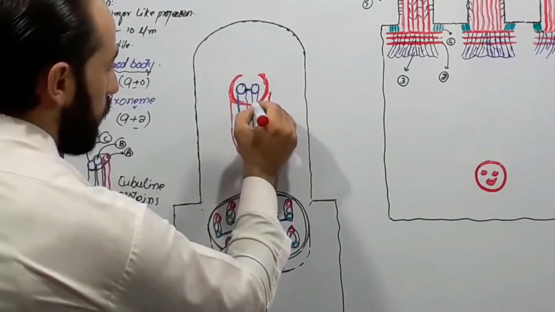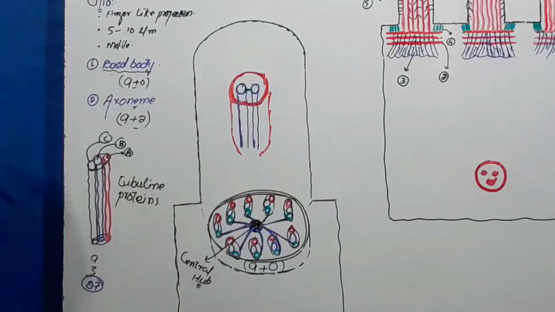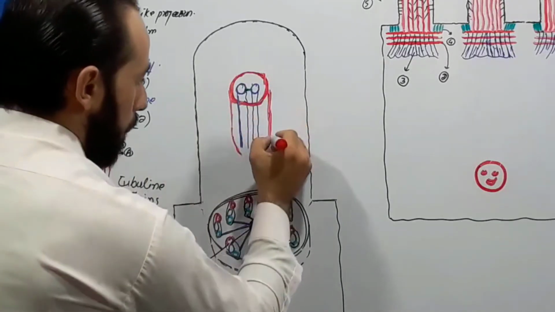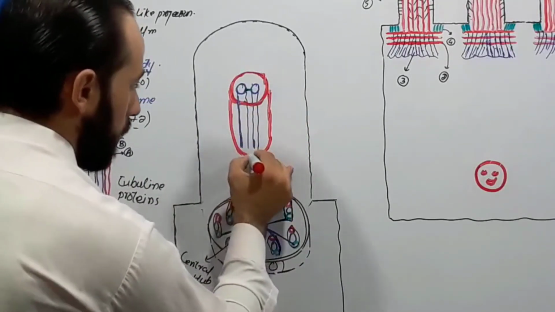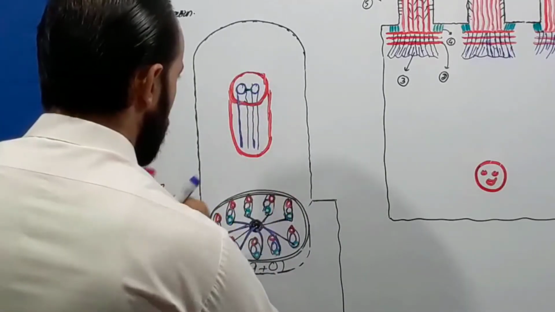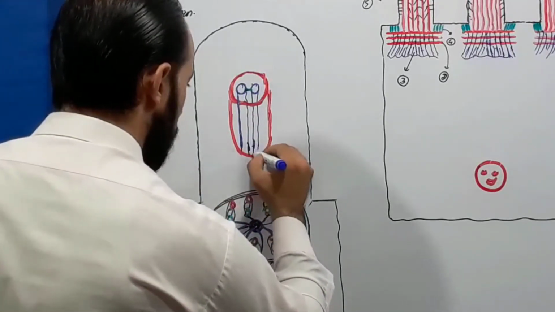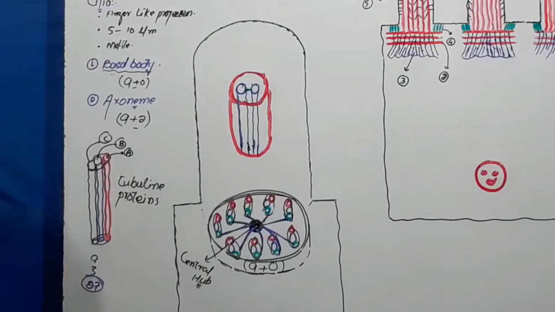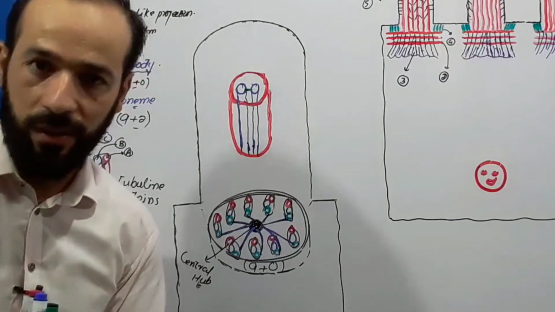Now if you want to complete it, they will become like this. So the central sheet like this, right? So this is the central sheet, and in this central sheet there are the doublet proteins, and they are also tubulin proteins, nothing else, right?